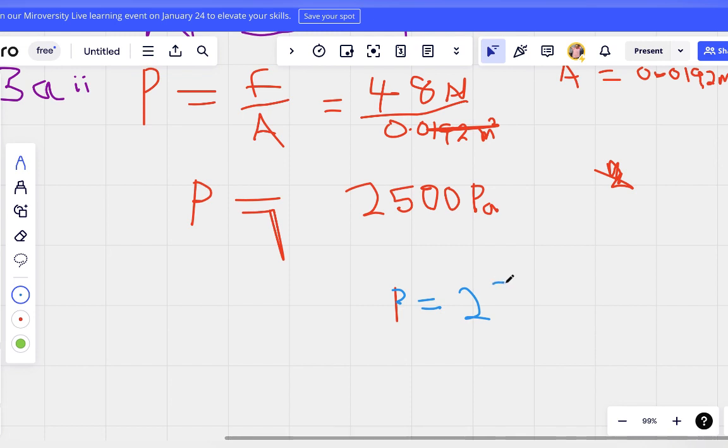So if you don't know that Pascal is the unit, please write the derived unit. Instead of leaving it blank, because you lose marks, you write Newton per meter square. It's still correct.